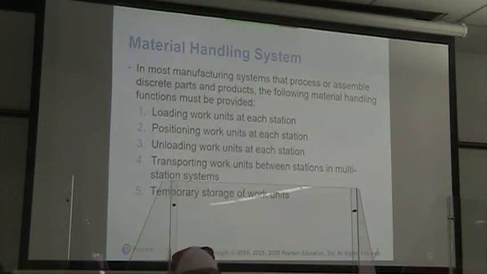Okay, so we may have some of these, but not all of these in a manufacturing system.